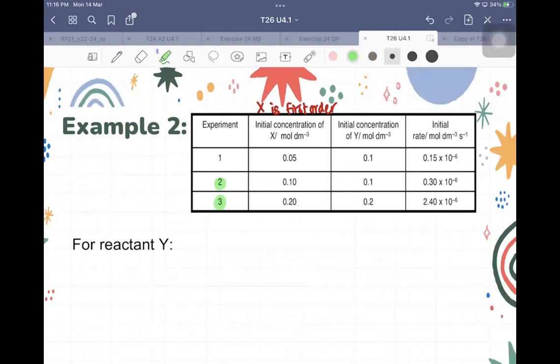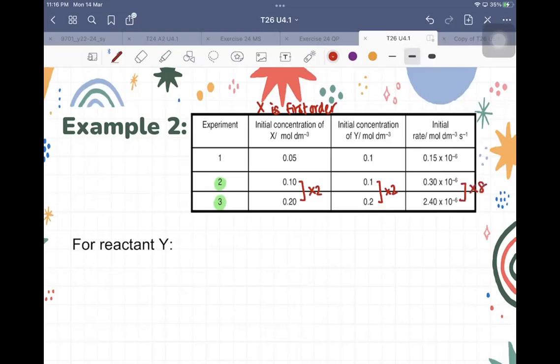So for 2 and 3, my X is also increasing by 0.2 divided by 0.1, a factor of 2. My concentration of Y is also increasing by a factor of 2. And then you can see here 2.4 divided by 0.3 is an increase of 8 times.